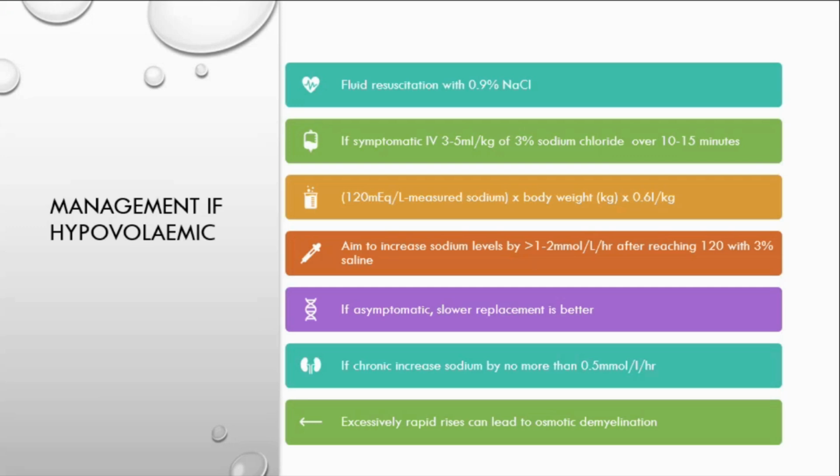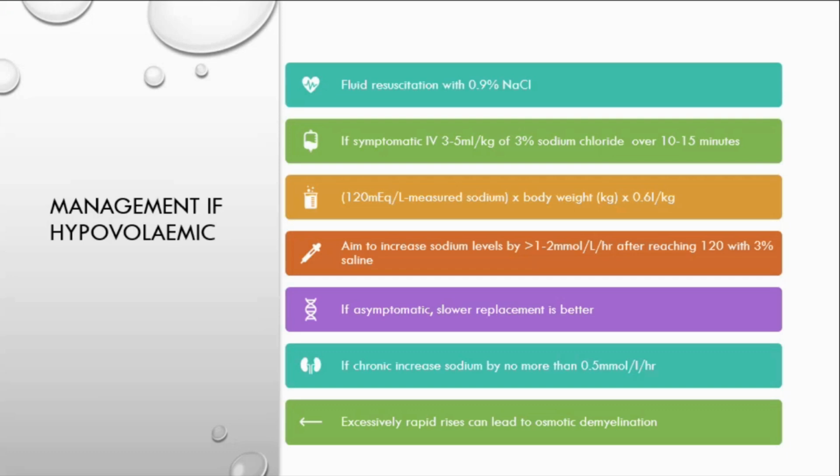You can carry on correcting that with your 3% saline, or you can correct it slower with different concentrations of saline. But we want to increase it by about 1 to 2 millimoles per liter per hour after reaching 120. And then if they're asymptomatic, you obviously want to do it much slower and it's less of a concern. You do want to correct it and make sure it's improving, but it doesn't have to be so fast.